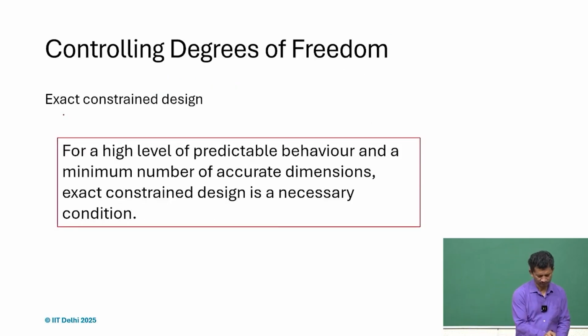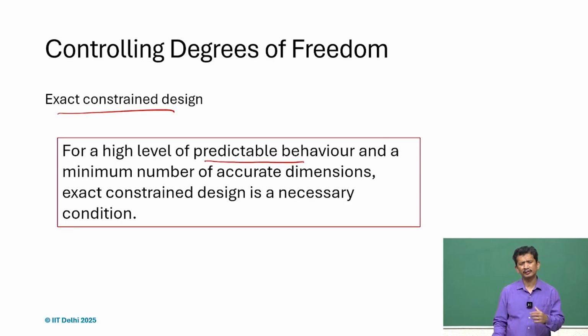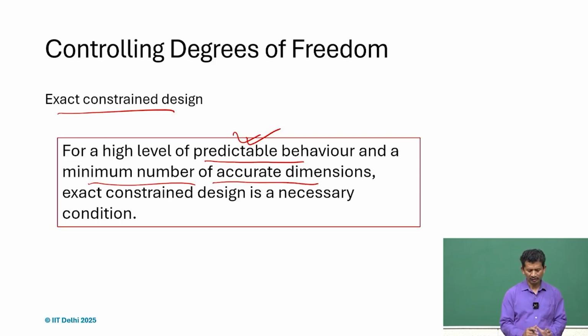For a high level of predictable behavior, we want to know what happens if something changes, and if we really want to predict that, we want to have a minimum number of accurate dimensions. We do not want to increase that number. If the dimensions and tolerances are very high, it leads to a lot of cost, and we also realize that there are limitations because of the manufacturing processes and the fabrication techniques used.